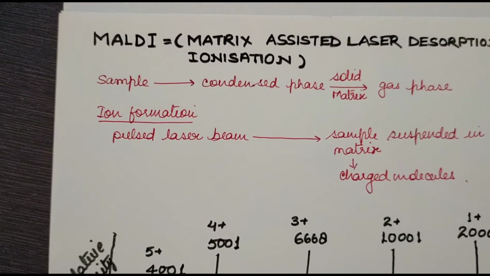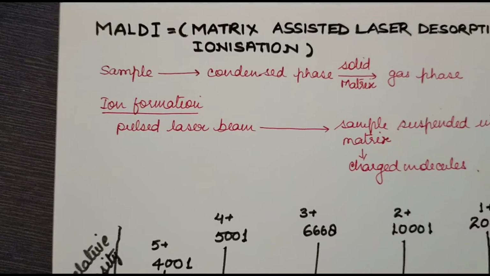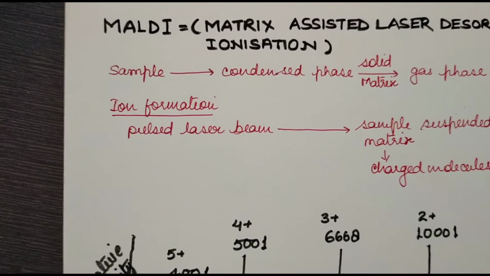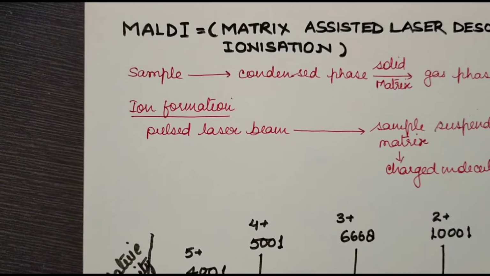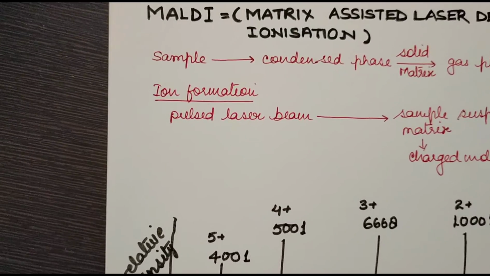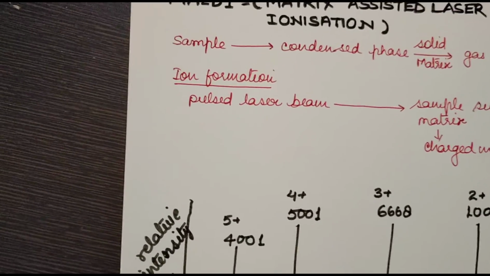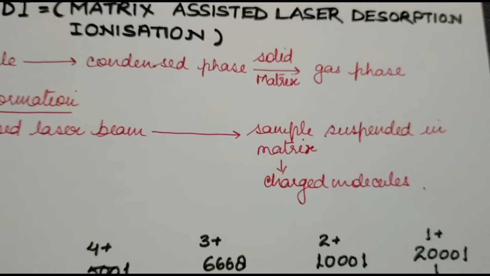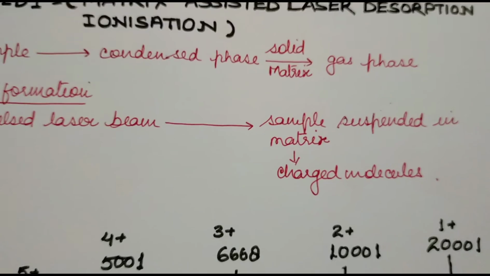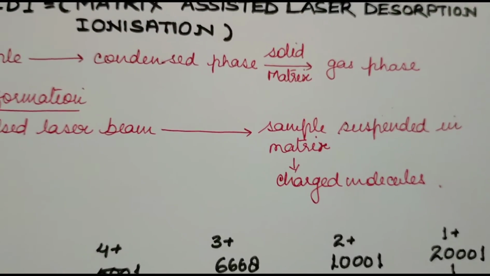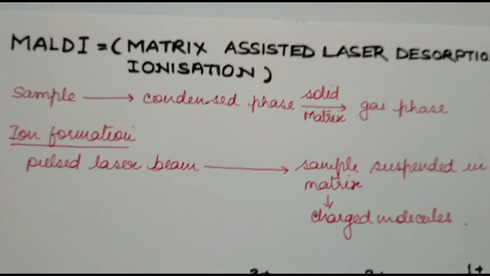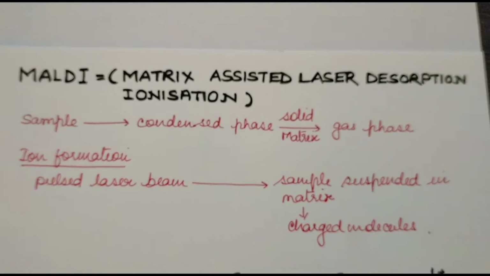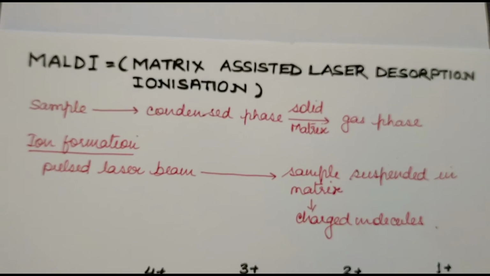The matrix plays a key role in this technique by absorbing the laser light energy and causing the matrix material to evaporate. In the gaseous phase, the matrix plays a role in sample ionization. Then these charged molecules are directed by electrostatic lenses from the ionization source to the mass analyzer. That means we direct these charged samples into the mass spectrometer, where with the help of the amplifier the result is recorded.